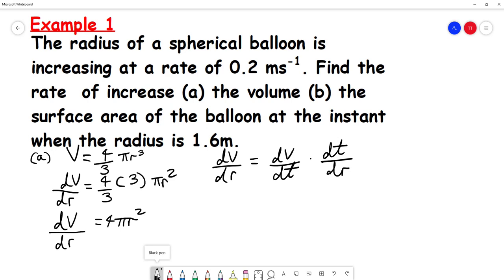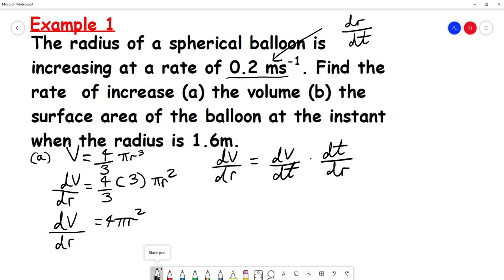Now we can go back to our question and say, well, the radius of the spherical balloon is increasing at the rate of 0.2 meters per second. Now this is what dr by dt is, the rate of change with respect to time of how the radius is changing.